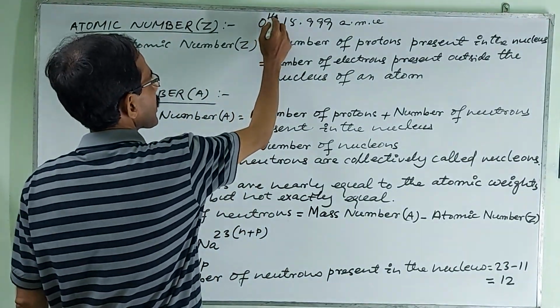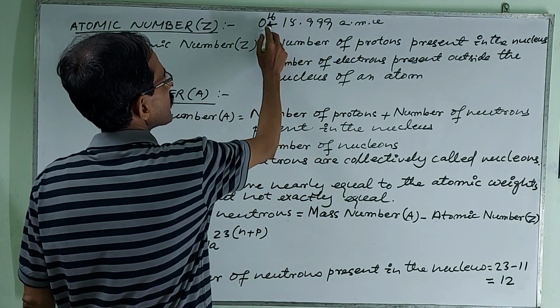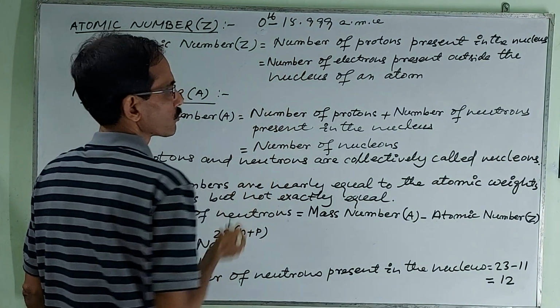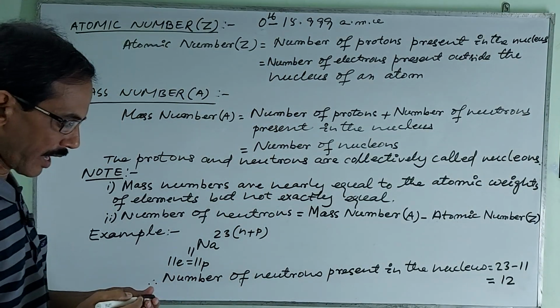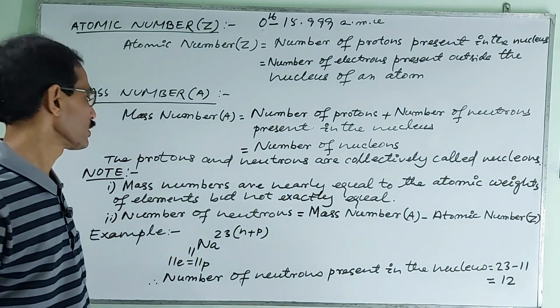So mass numbers are nearly equal to atomic weights of the elements, not exactly equal.